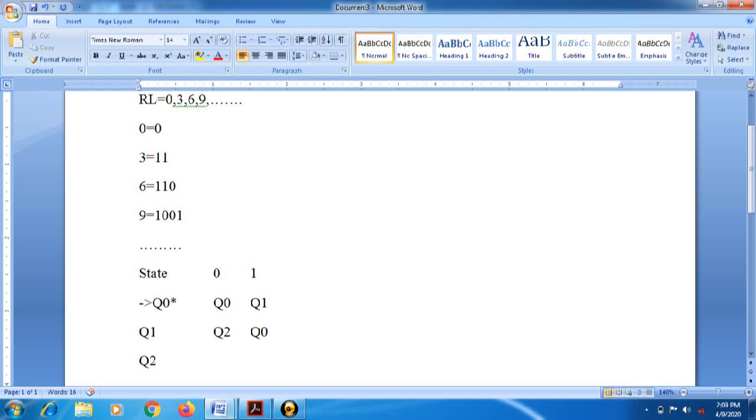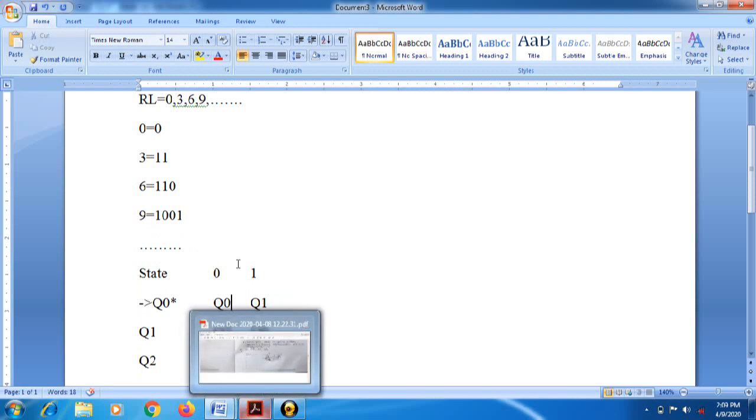Then Q2 with 0 goes to Q1, and Q2 with 1 remains in the same state. So this is the transition table for the strings which are multiples of 3 in binary representation.